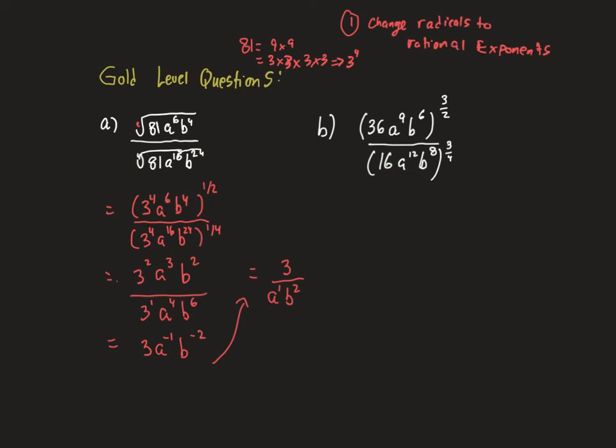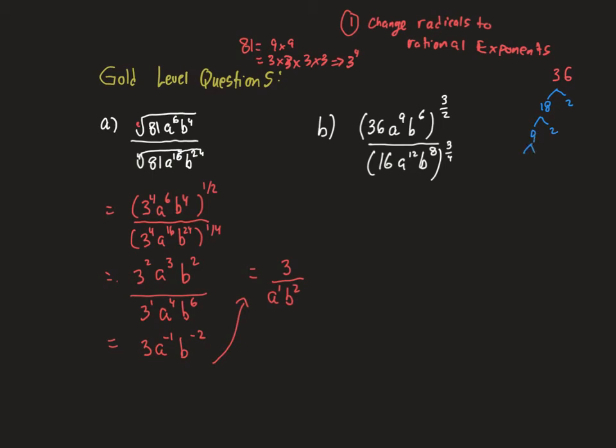36 and 16. Well, 36 can't be turned into the same kind of base as 16. So what you want to do with 36, you want to do some kind of prime factoring. Okay? So I know 36 can be divided by 2, which would give me 18. I know that 18 can be divided by 2 as well, which will give me 9.